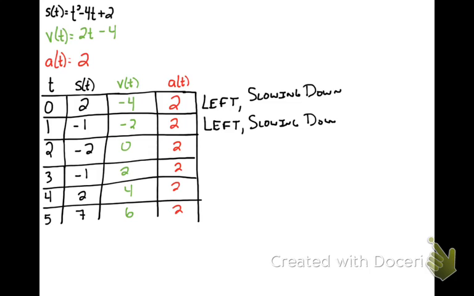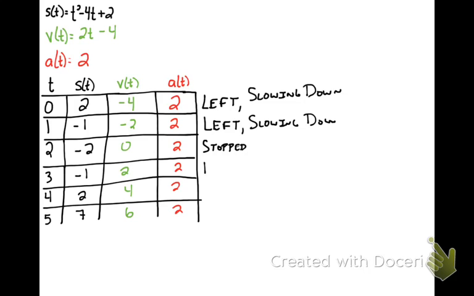I know that at t equals 2, its velocity is 0, so that means the particle is stopped. It's not moving at t equals 2, but its acceleration is still positive 2, so it's basically stopped, and it's going to start moving to the right now.